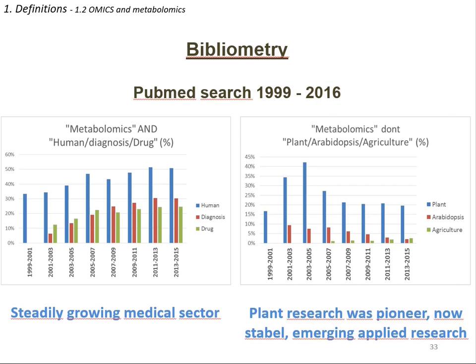It's also interesting to see that Arabidopsis was something like 10% in the beginning, and now it has decreased, while some other keywords like agriculture have increased, or even industry, because we go from the more fundamental research now to more applied research using metabolomics.